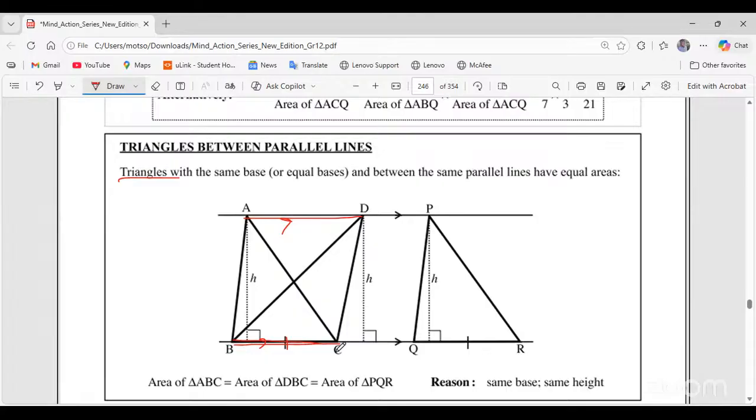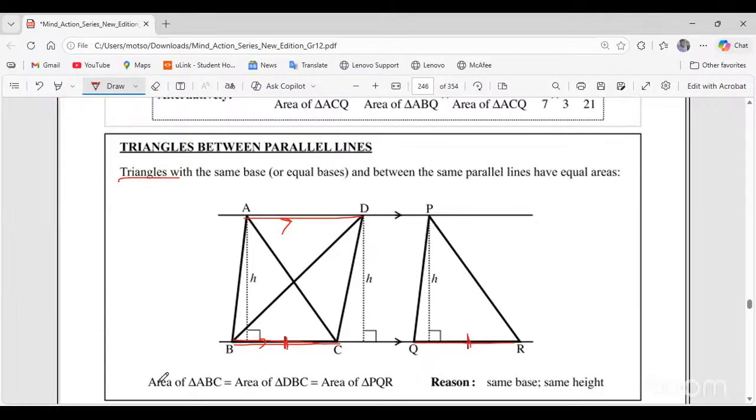We are also given that BC is equal to QR, as indicated by these lines. And again, triangle PQR is between these parallel lines. That implies that it has the same area as these two triangles here.